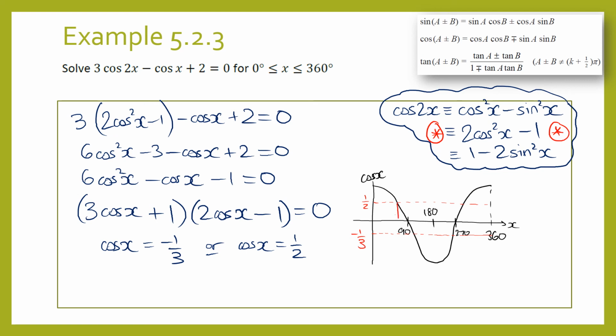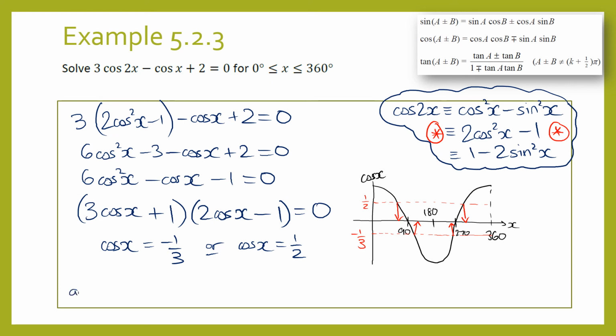So we're going to get 2 solutions for cos x equaling a half, and 2 solutions for cos x equaling minus a third. To the calculator, inverse cos of minus a third and inverse cos of a half. It'll give you 2 of those, then we've got to work out the others.